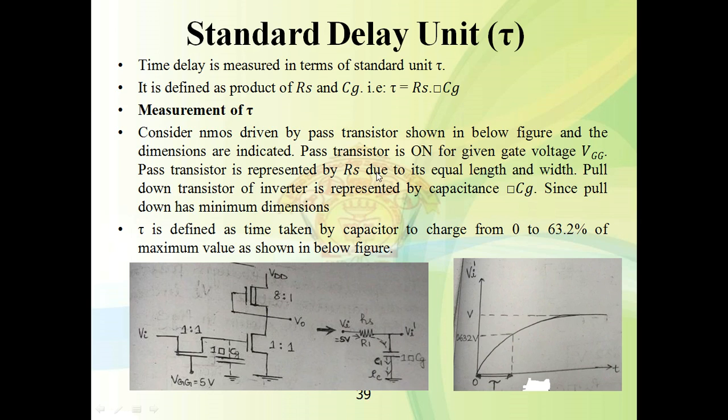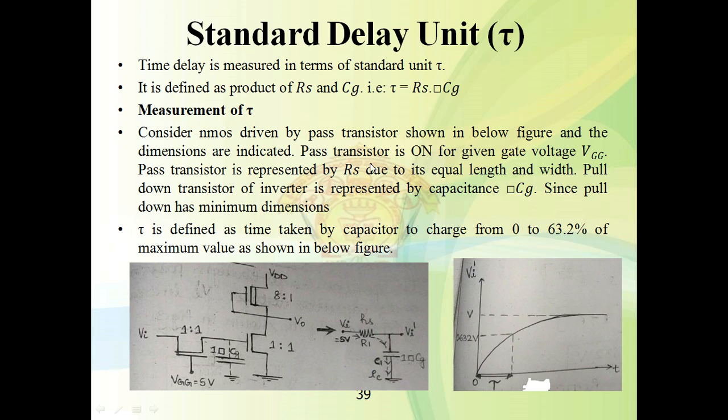The pass transistor is on for a given gate voltage VGG equal to 5 volts. The pass transistor is represented by its sheet resistance Rs, since it has equal length and width.